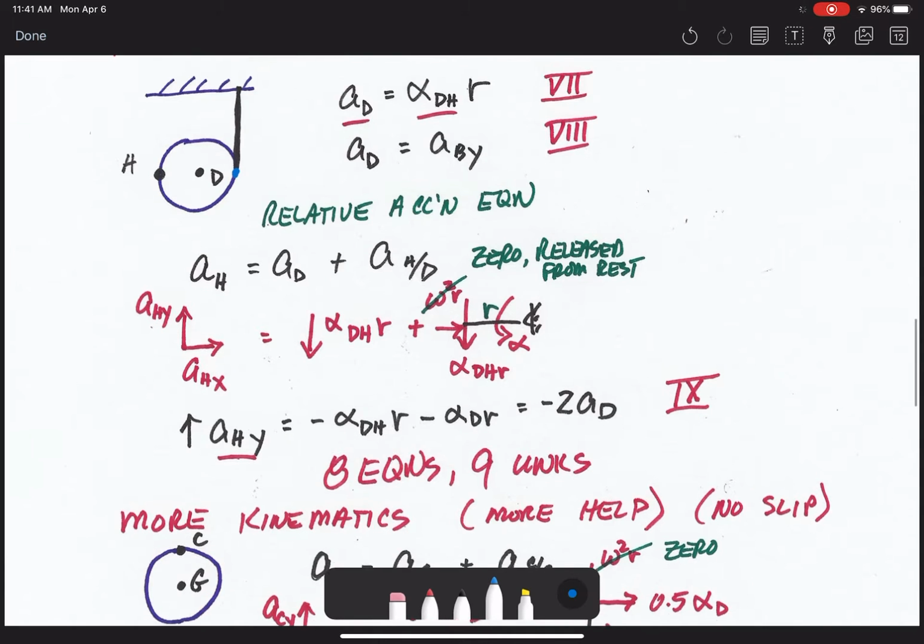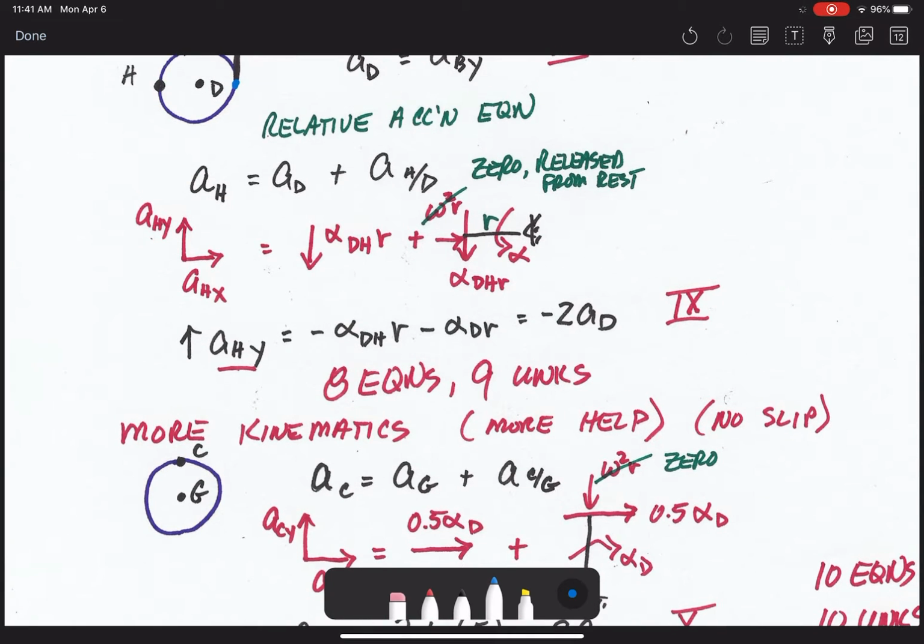If we sum the vectors in the y direction, you have AHY equal to negative, because going down, alpha DH r, and also going down, the AH relative to D tangential component, also alpha DH r.